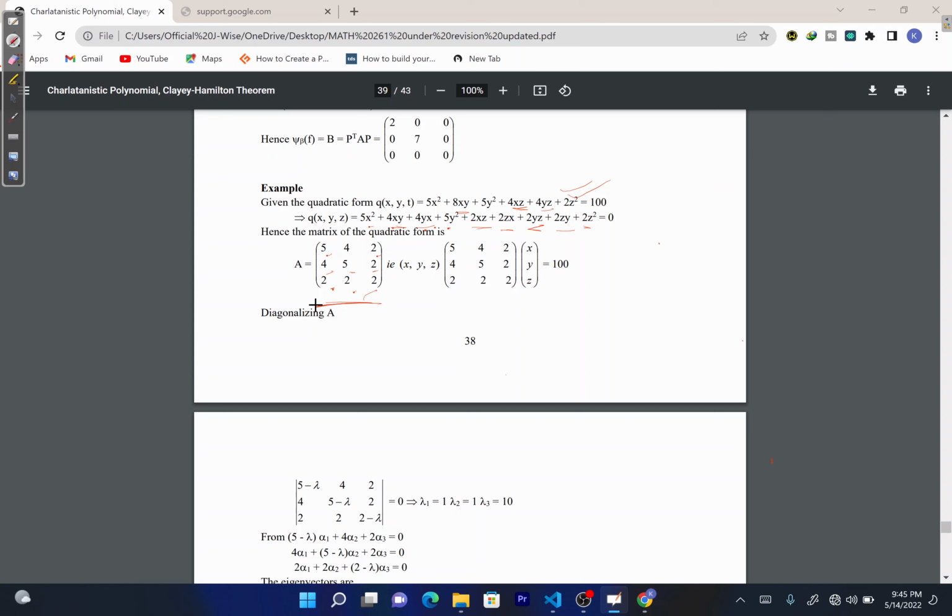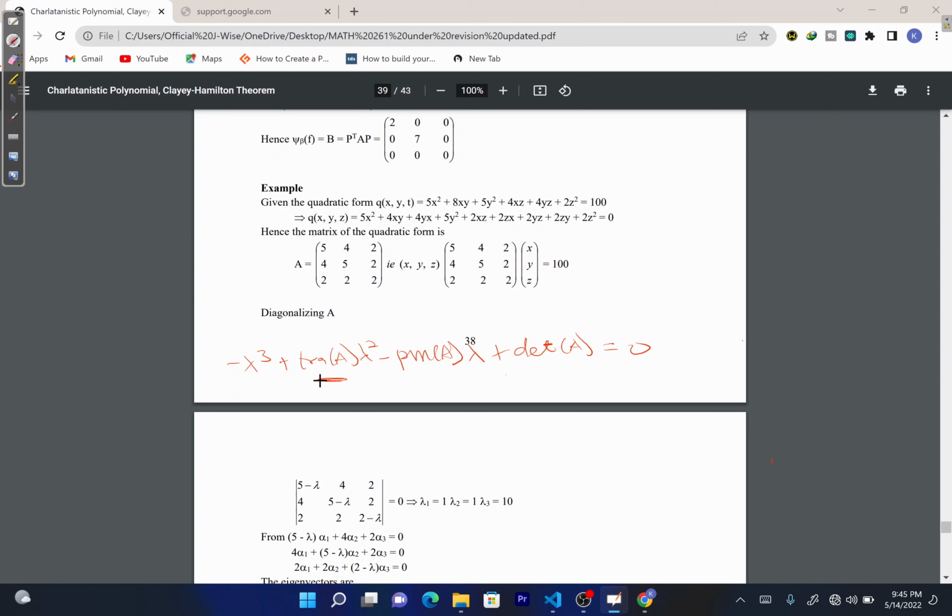So from here we can find the eigenvalues of matrix A. This is how we find them: minus lambda cubed plus the trace of A times lambda squared, minus the principal minor of matrix A times lambda, plus the determinant of matrix A, equals 0.